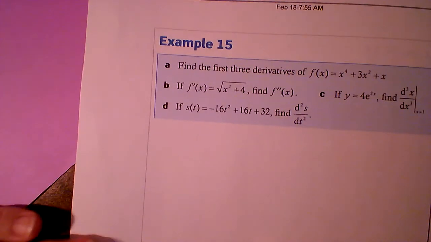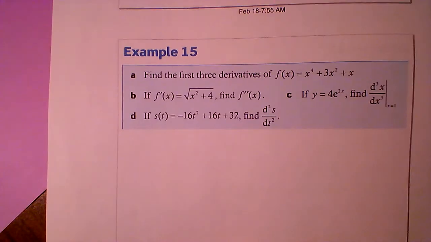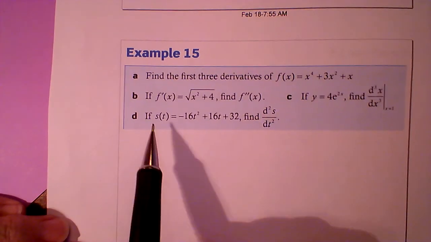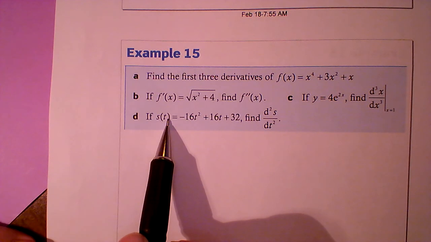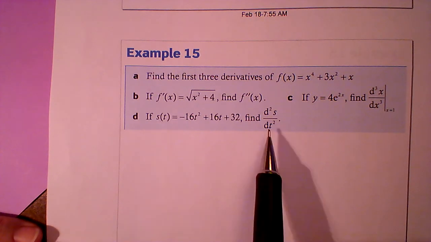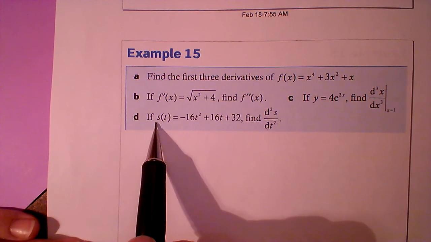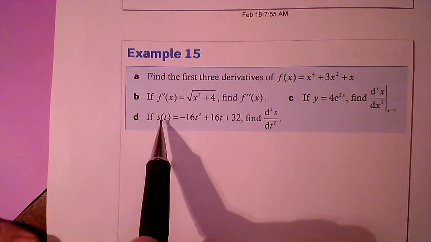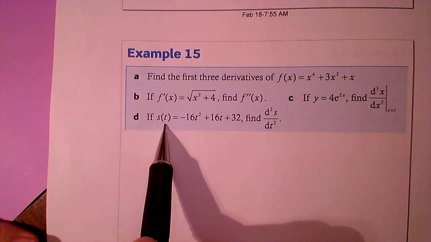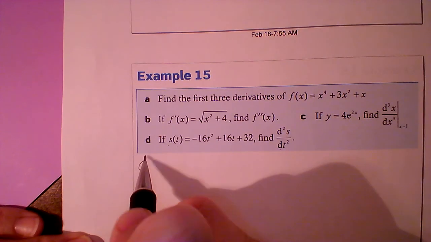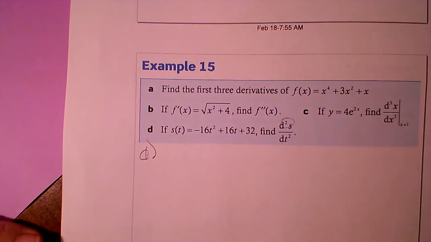All right. So now we have two different looking variables, s and t, and when we have variables other than x and y, we definitely need to use the Leibniz notation. So in this case, we're taking the derivative of s with respect to t. And I need to find the second derivative.